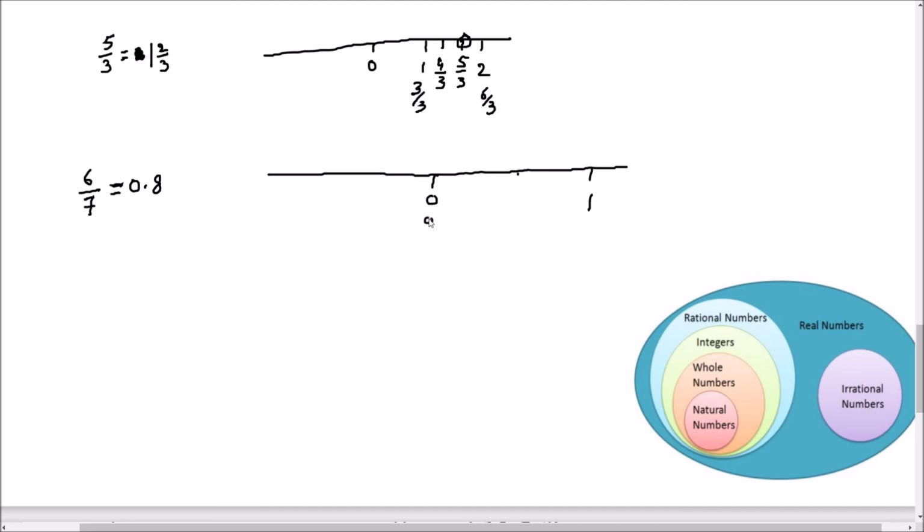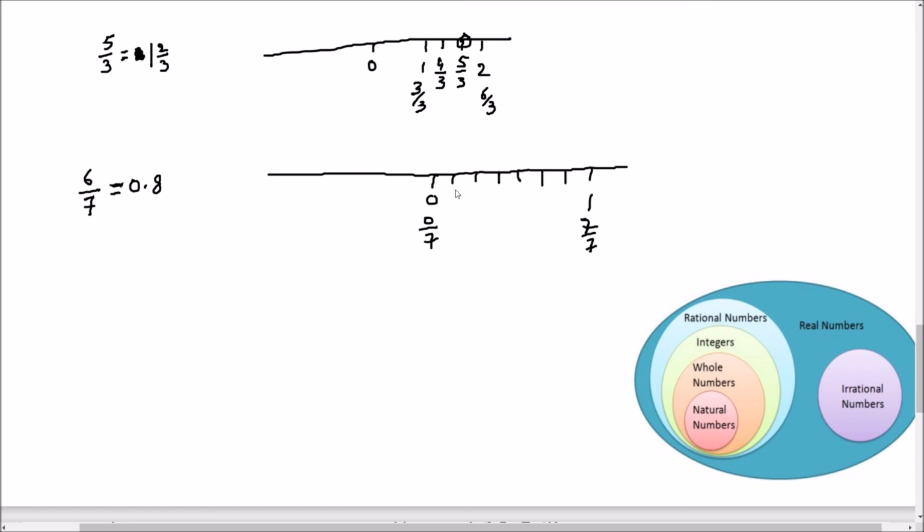Now 0 we can assume as 0 by 7. 1 we can take as 7 by 7. Then in between 0 and 1 we should divide into 7 parts. That means 6 lines we should take: 1, 2, 3, 4, 5, 6.